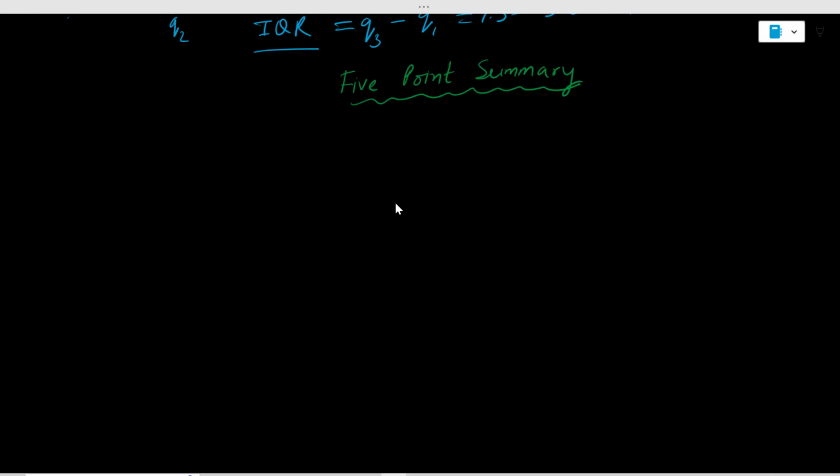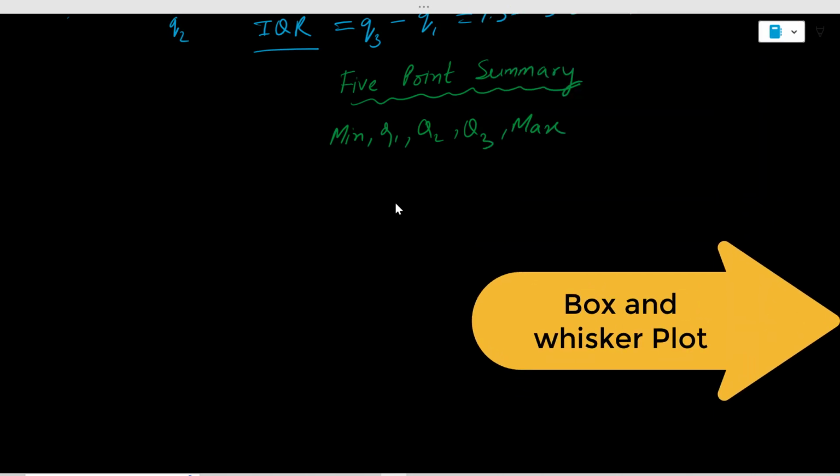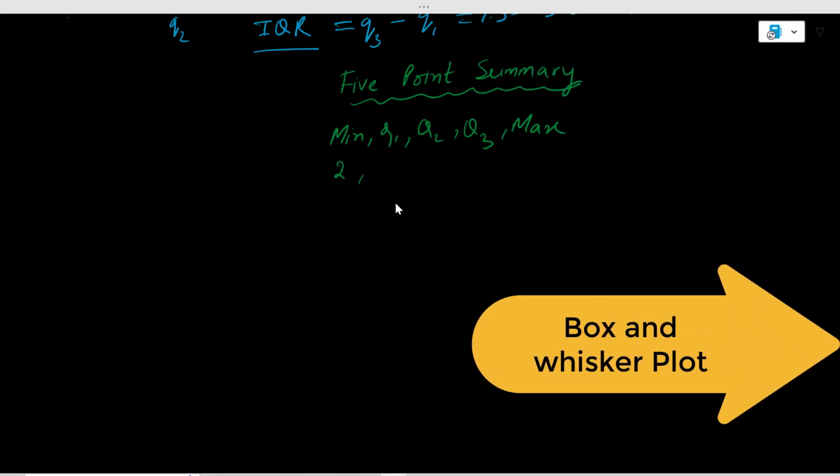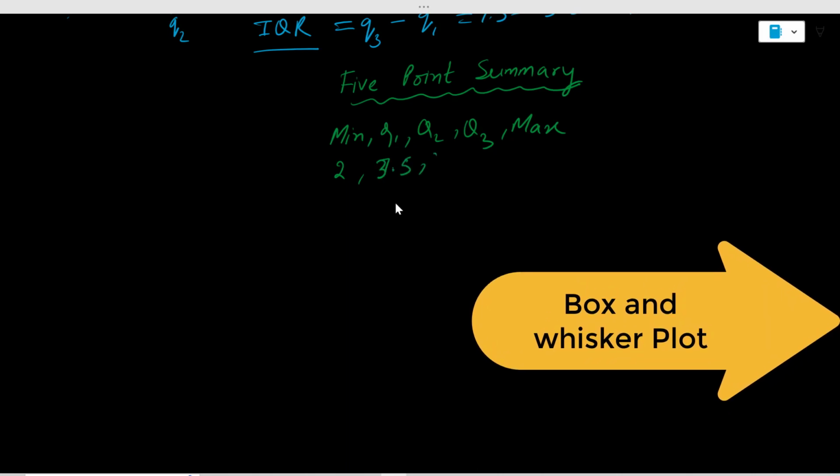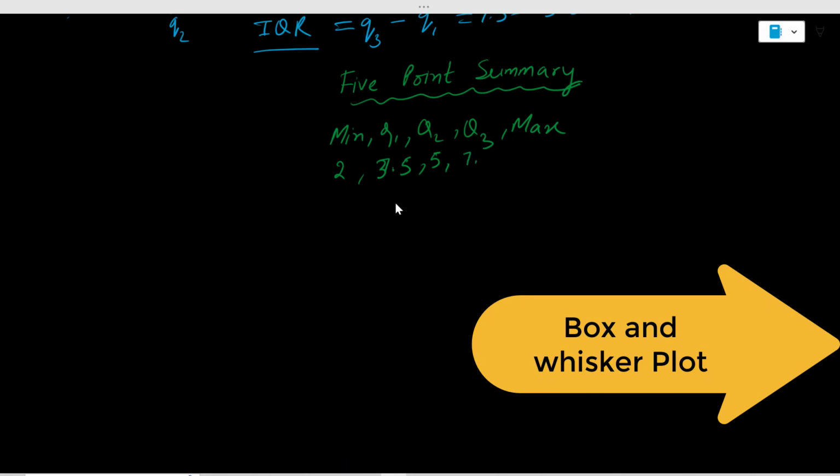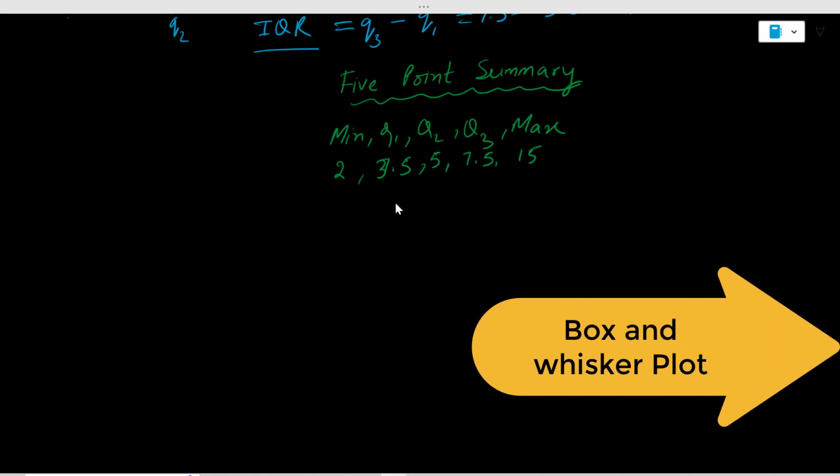The 5-point summary for any data set is given as minimum, Q1, Q2, which is the median, Q3, and maximum. So for the given data set, the minimum was 2, Q1 was 3.5, Q2 was 5, Q3 was 7.5, and the maximum was 15.